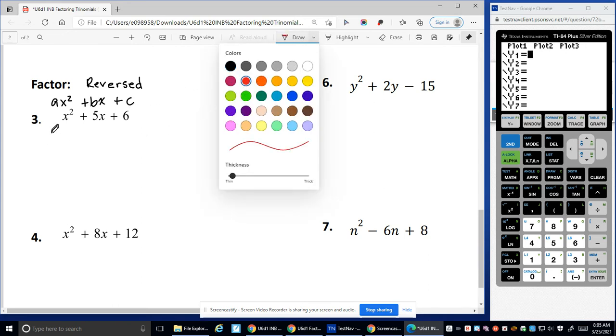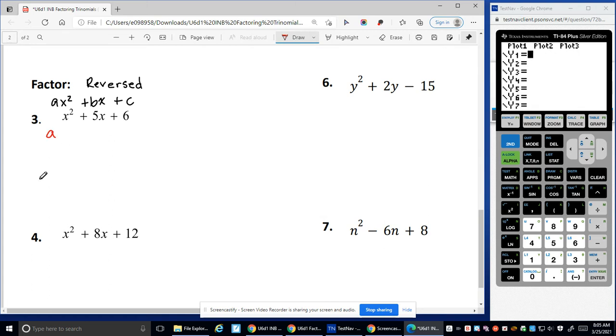So I'm going to start off with the hardest one. What is in front of x squared? I don't see anything. Well, if you don't see anything, what is the coefficient? It's 1, right? Because I see 1x squared, so it's 1. So A will equal 1, B will equal 5, and C will equal 6.